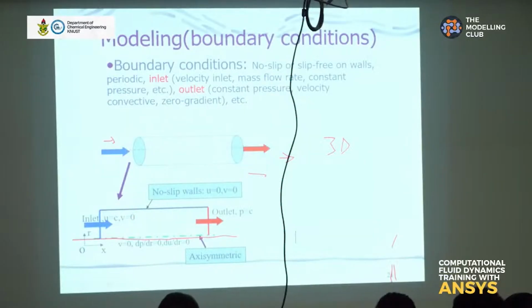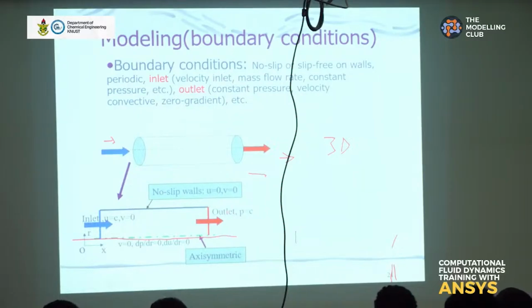However, there's no flow moving upward. At the inlet, the flow is just horizontal. The flow is being pumped into the pipe. And so I know that the velocity in the y direction is 0 at the inlet.